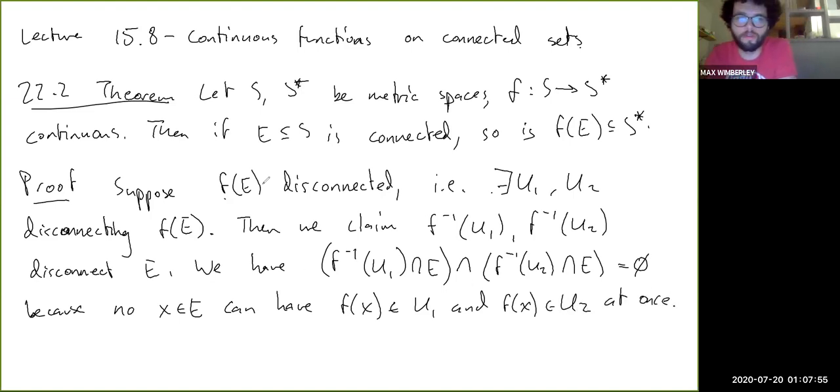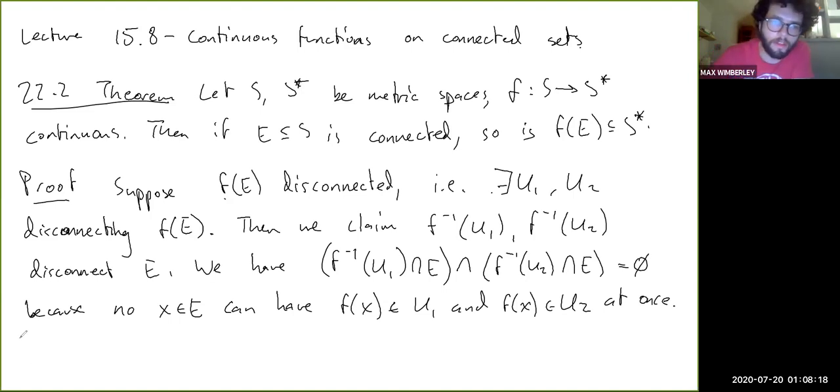This is because U1 and U2, we assumed, disconnected F of E, so they're disjoint. So if X was in both inverse images, F of X would have to be in U1 and in U2, and that's not allowed, okay? So that's impossible. So they're disjoint at least. They separate E into two disjoint pieces.